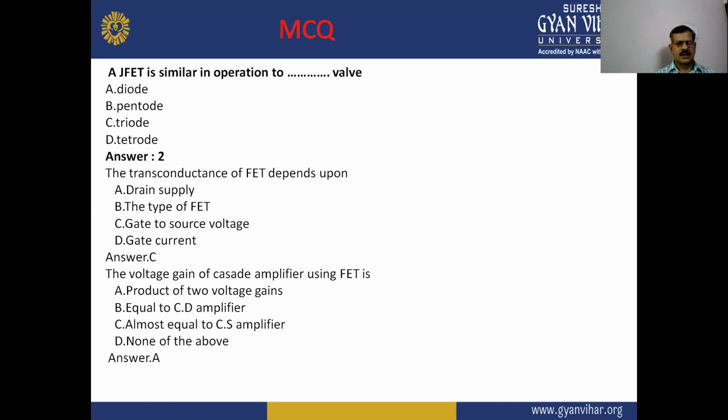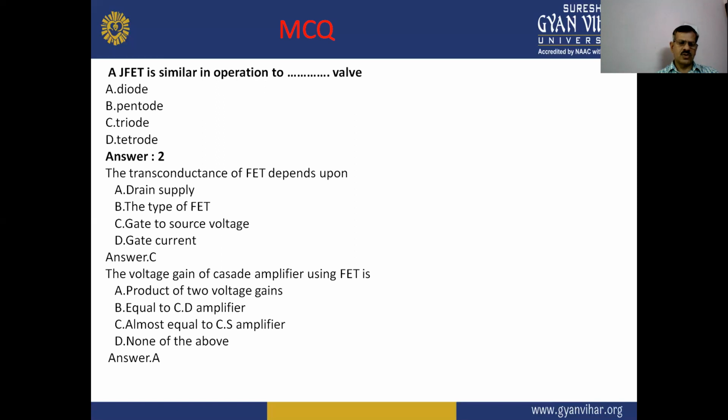Next, the voltage gain of a cascade amplifier using FET is: option A, product of two voltage gains, option B, equal to CD amplifier, option C, almost equal to CS amplifier.